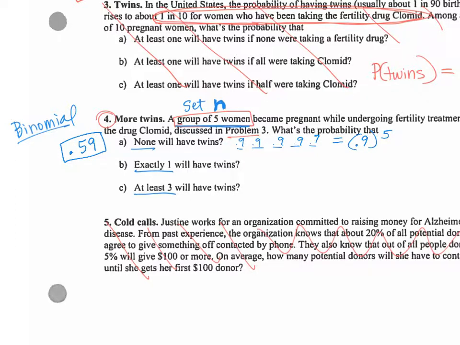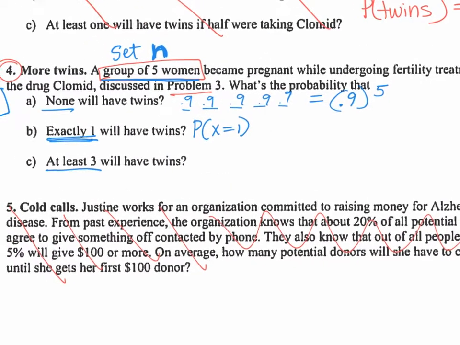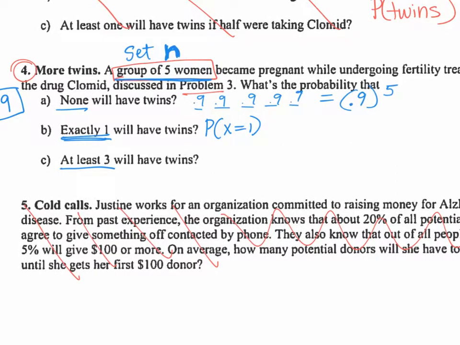Okay, how about B? Probability that exactly 1. Here is that binomial formula, which you know you love, that we're going to have to write out. The probability that x is exactly 1. And so here's how that goes. So what we have is, let's do our combinations: 5 choose 1 success.